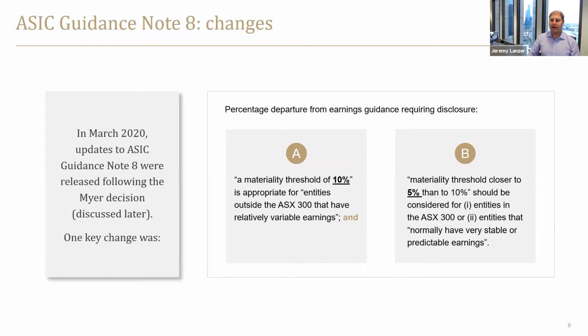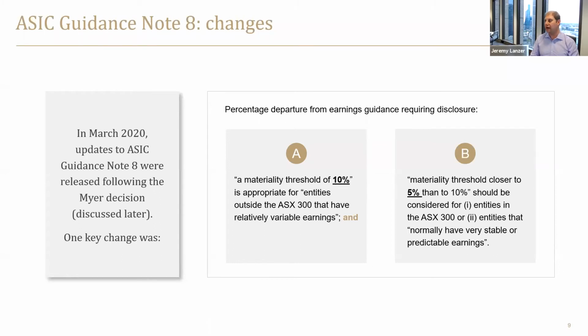Whereas if you are a smaller company or a growth company or a company that's got variable earnings, then it probably is going to take more of a movement for the market to be surprised. So the general guide that they gave was that 5%, or something closer to 5%, is probably going to warrant disclosure or careful consideration of disclosure if you've got stable earnings.